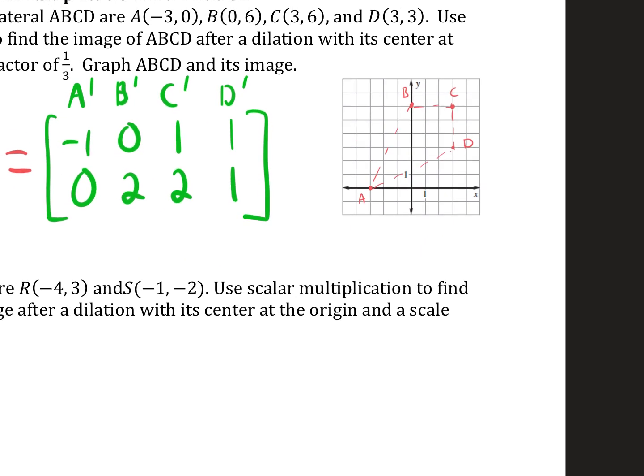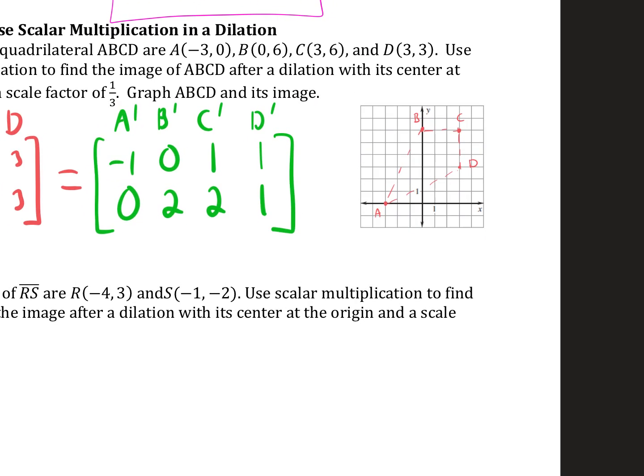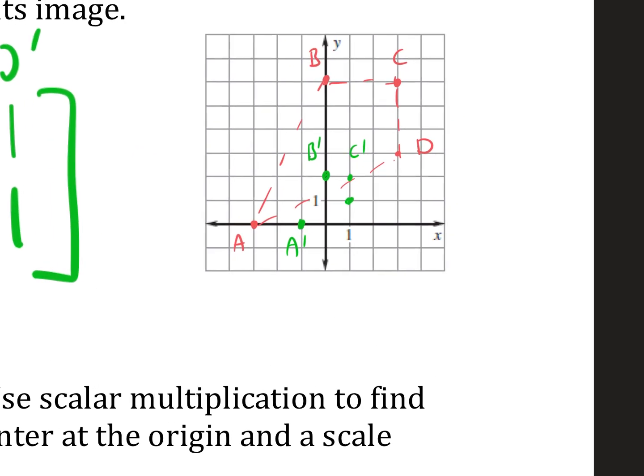Okay, and now we're going to use green, and we're actually going to graph the new figure, and you're going to see what kind of happened here, okay? So negative 1, 0, left 1, 0, that's A prime. B is 0, 2, up 2, that's B prime. C is right 1, up 2, that's C prime. And D is right 1, up 1. That's D prime.